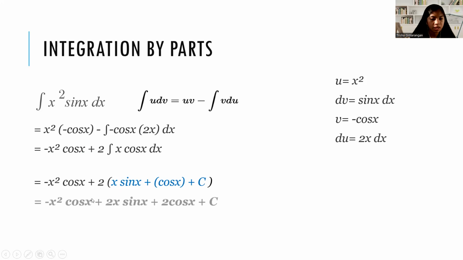So we copy the negative x squared cosine x plus 2 times x sine x, which is 2x sine x, plus 2 cosine x plus c. We don't need to multiply 2 with the c because it is a constant. So we now have our final answer here.